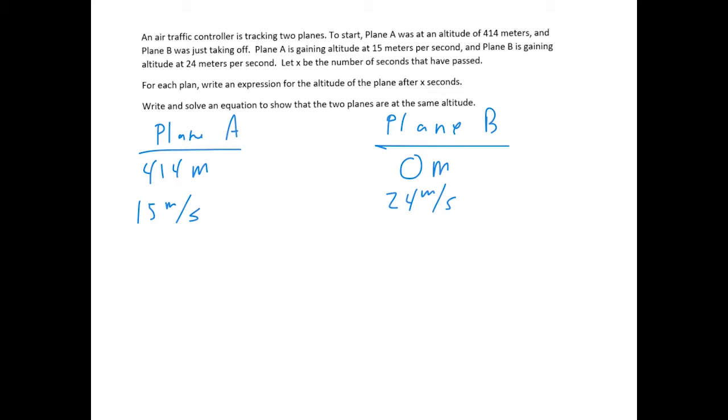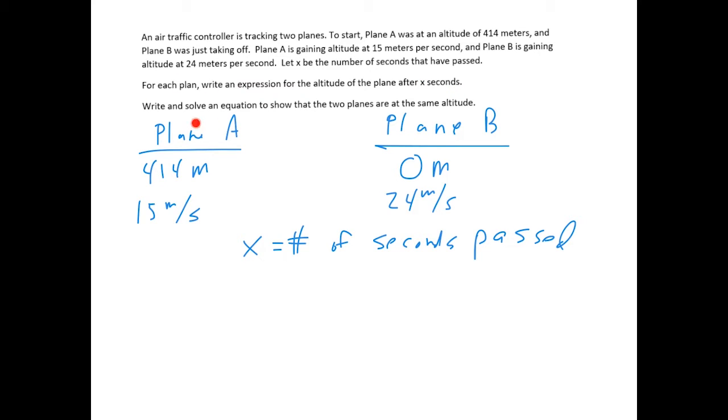We're going to let x be the number of seconds that have passed, for both of them. For each plane, write an expression for the altitude of the plane after x seconds.